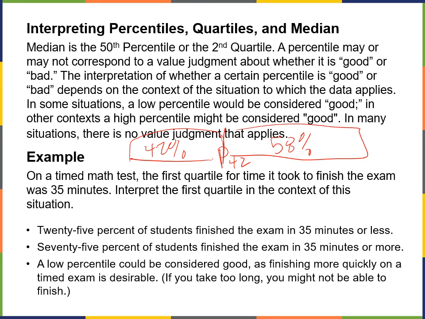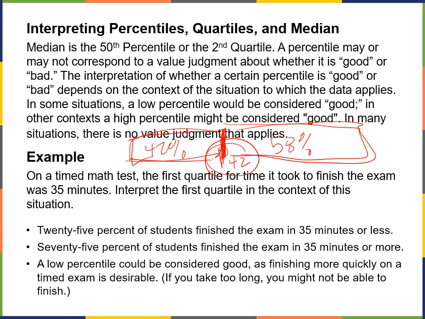It's sitting right here between the bottom 42% and the top 58%. So it's just a locator of where your data value falls. That's the important part about percentiles right now: understanding what they're telling you, which is the location of a particular data value and what percentage of values are less than it and what percentage are greater than it.